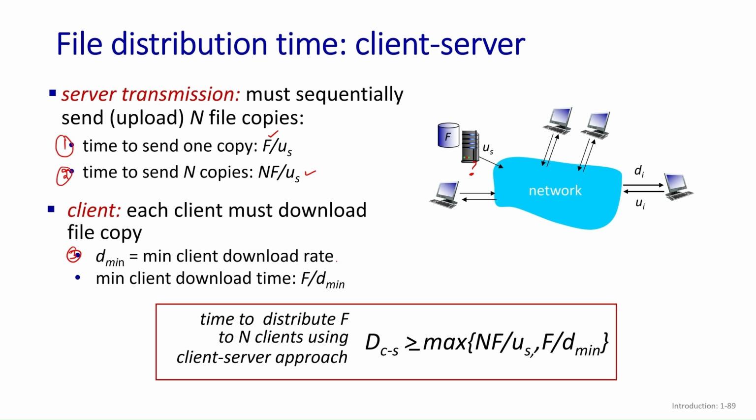So the distribution time in client server is greater than or equal to the maximum of these two, right? Whatever is the maximum of these two.